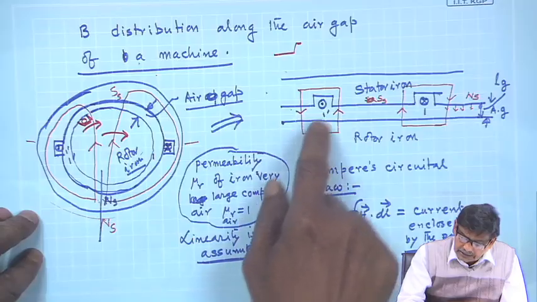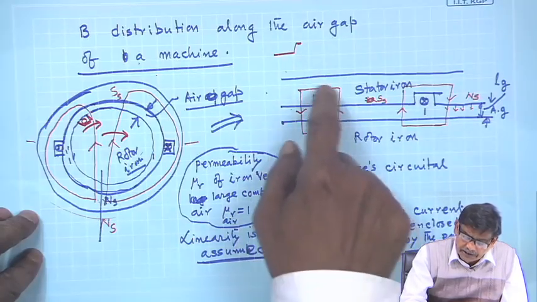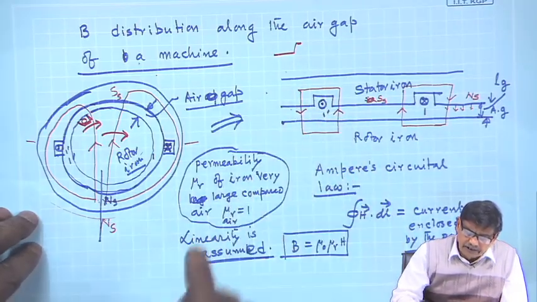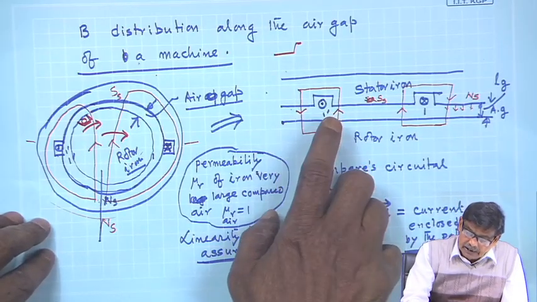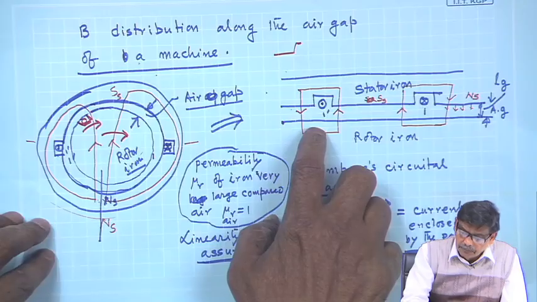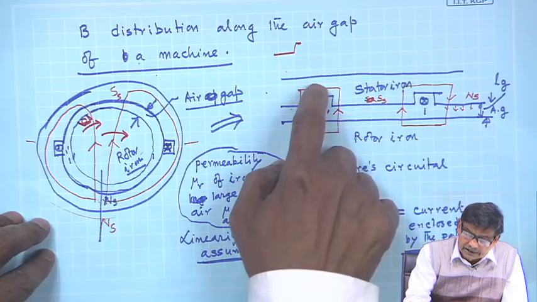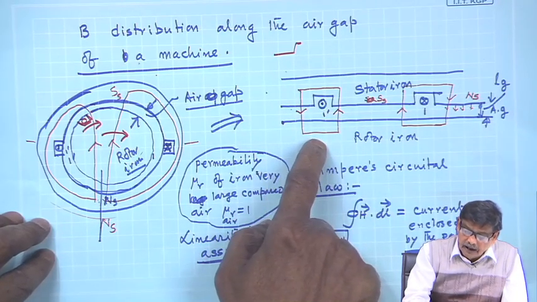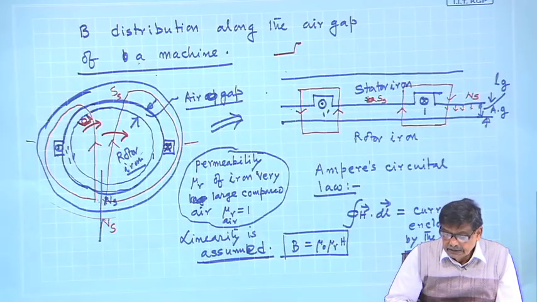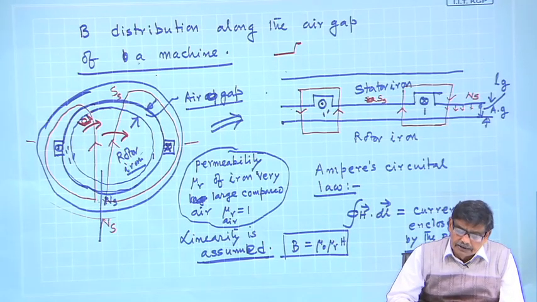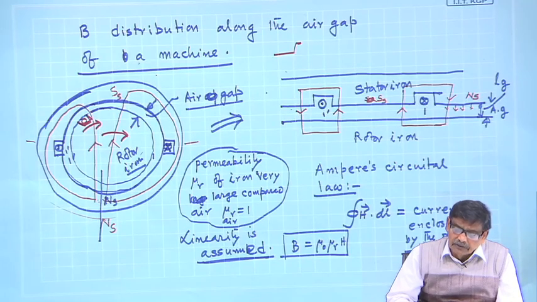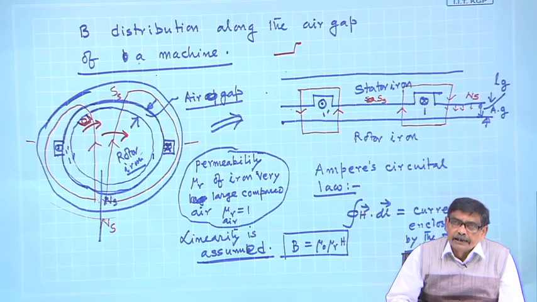Along the flux lines, if you consider any flux line, it will cross the air gap twice, and it will also complete its path via the stator iron and the rotor iron. Under the assumption that the permeability of iron is very large, infinitely large, we conclude that no MMF is necessary to send flux lines through the irons.